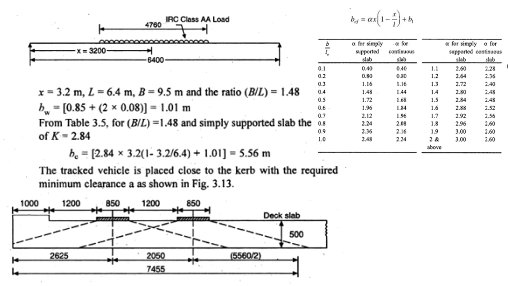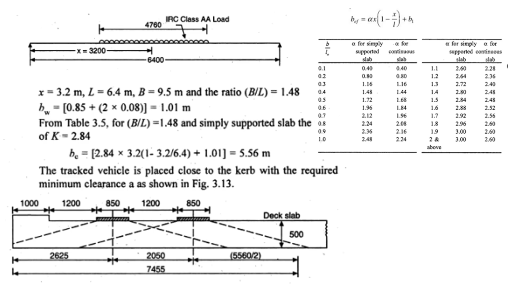So the next step is the calculation of the effective width of the slab. We have already seen the formula. B effective is equal to alpha x into 1 minus x by L plus B1. This alpha is a ratio which depends upon the factor B by L, where B is the breadth of the slab and L is the effective length of the slab.